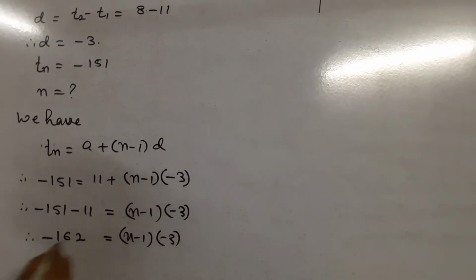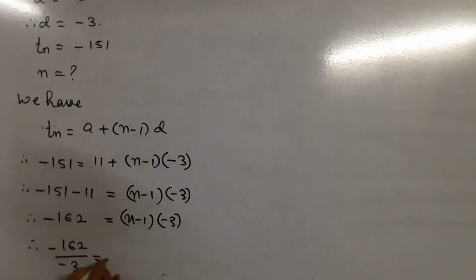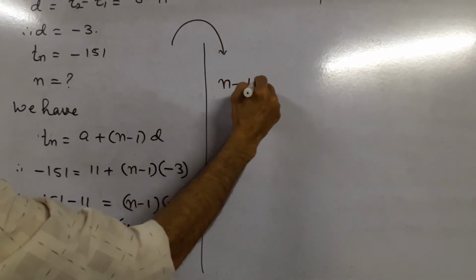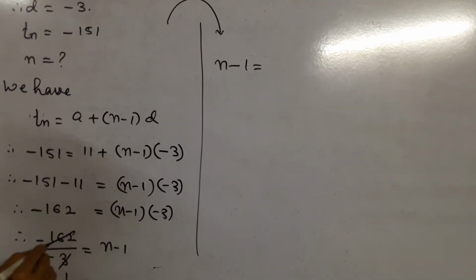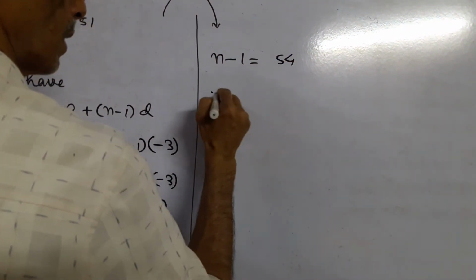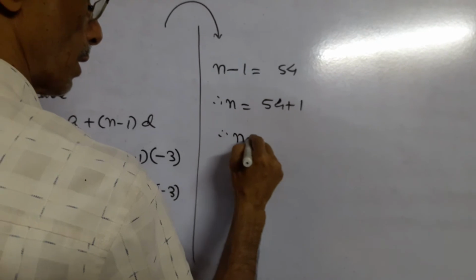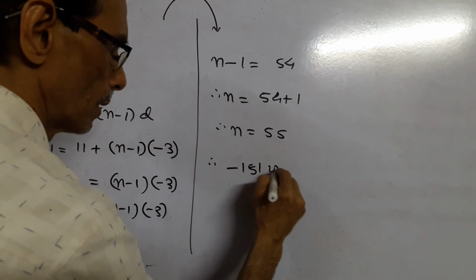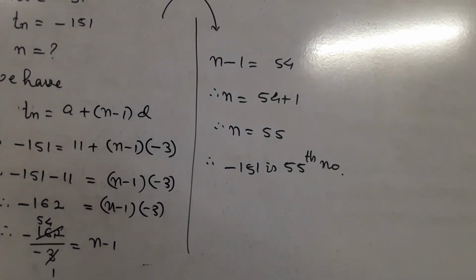So minus 3 is multiplied here, so divide here, and therefore we get minus 162 upon minus 3 is equal to n minus 1, and minus minus will become plus. 3 1s are 3, 3 5s are 15, carry 1, and 3 4s are 12, so n minus 1 equal to 54, and therefore n equal to 54 plus 1, and therefore n equal to 55, and therefore minus 151 is the 55th number. Copy this.